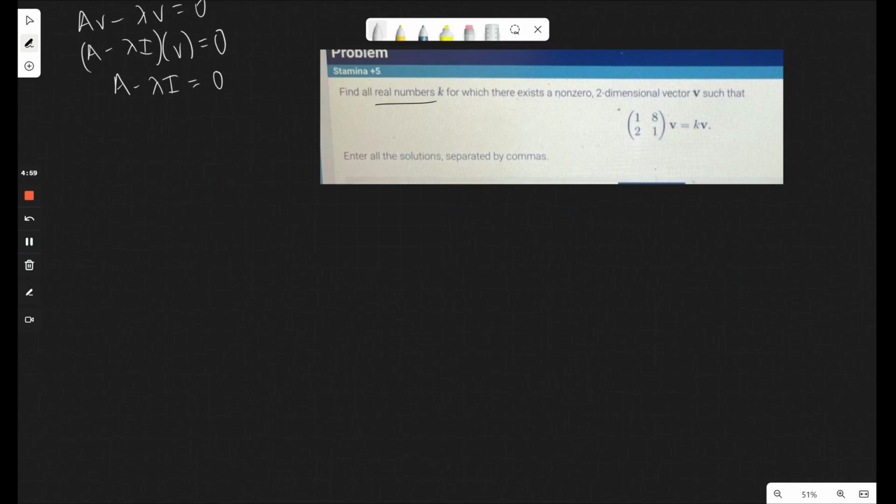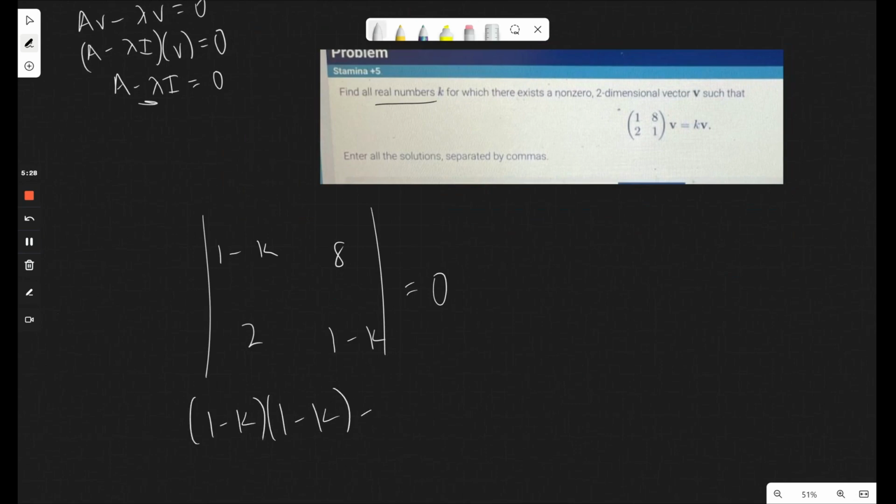So if we want to find the eigenvalues of this one matrix, for all the values on the main diagonal, we're going to subtract the value of the eigenvalue, which is sometimes, again, called lambda. And we want to equate the determinant of this matrix to 0. So we're going to get 1 minus k times 1 minus k minus 16 equals 0.